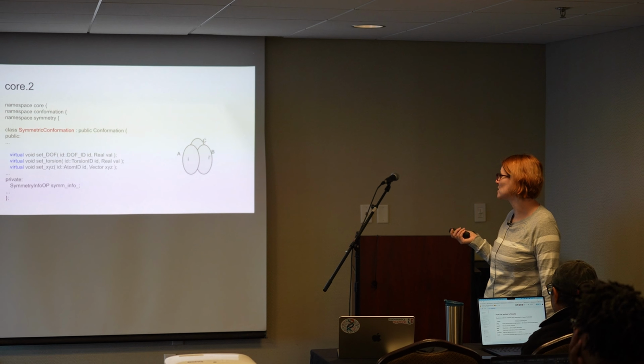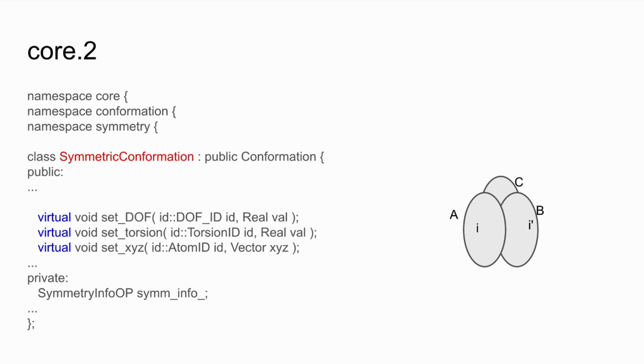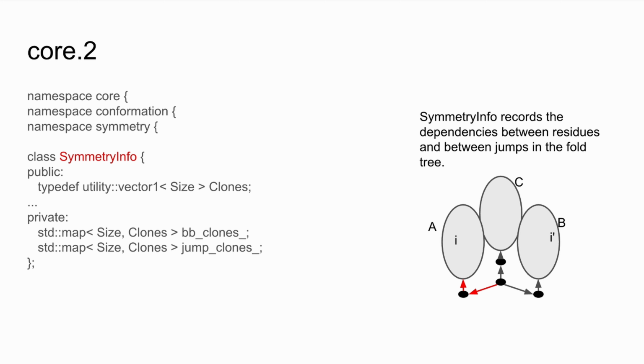And then you have the symmetric conformation, right? Symmetric conformation basically means you have a symmetry info object that describes how the different chains are connected to each other. We're actually going to talk about this later today, in the fold tree lecture.